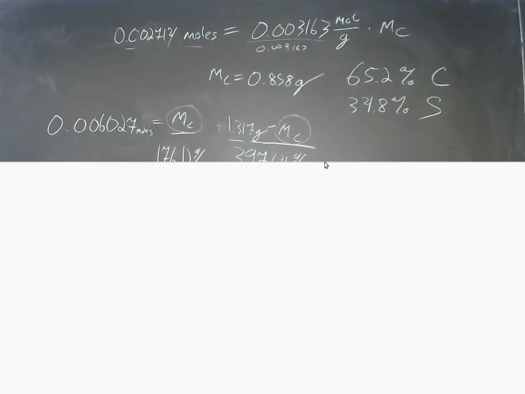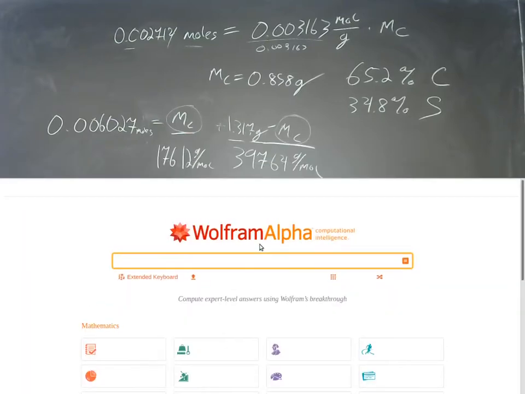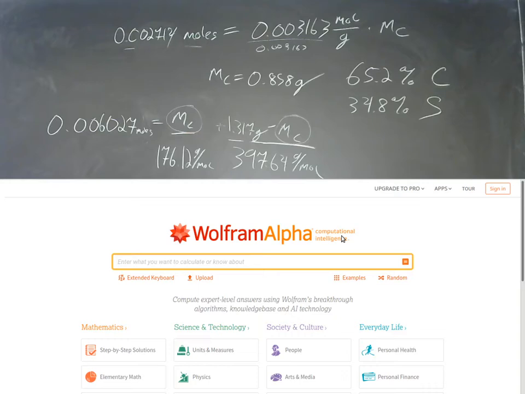Okay, let me make sure that's visible to you. Here we are. This is wolframalpha.com. And wolframalpha.com is just an easy sort of online graphical calculator. You could do this with your graphing calculator as well, but frankly these days it's easiest to use a tool like Wolfram.